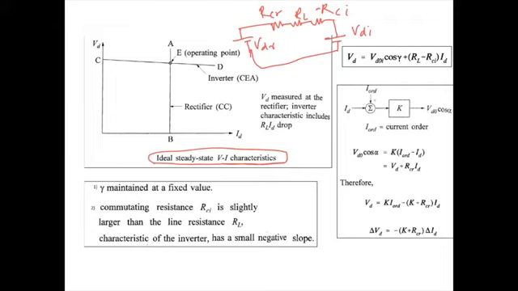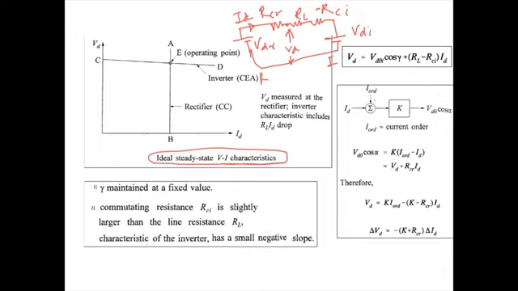Now in order to represent Vd, we need to consider a point on this HVDC link which will divide the rectifier and inverter into two sections. Say, for example, we choose this point and represent our Vd here, and then this is the Id.